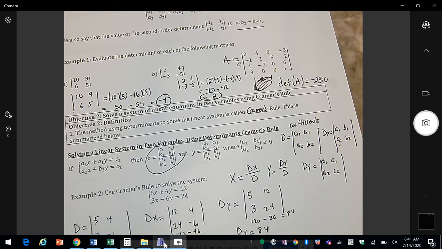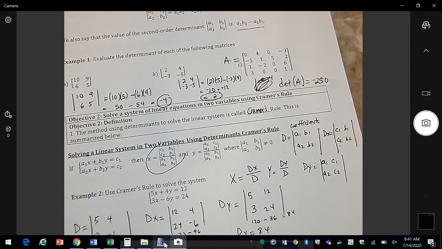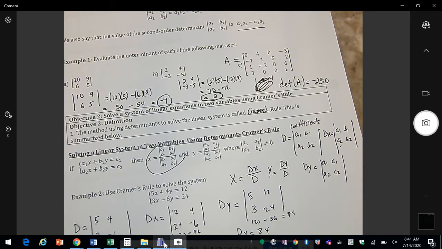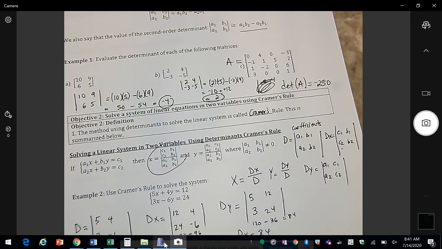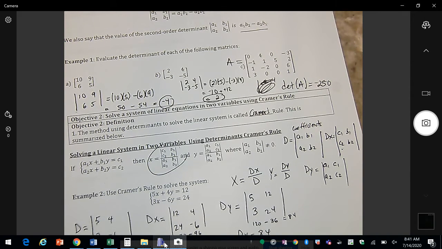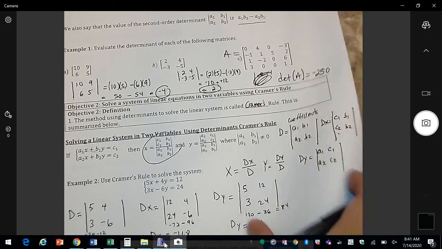So to find the answer for variable x, we take dx divided by d, in this case negative 168 divided by negative 42, and that comes out to 4. And then y would be dy divided by d.